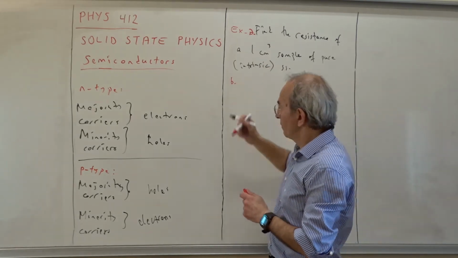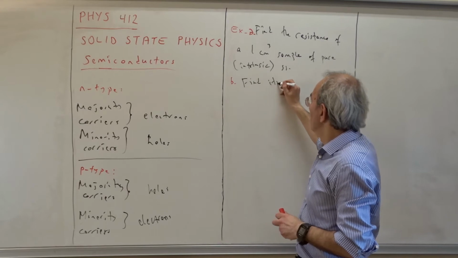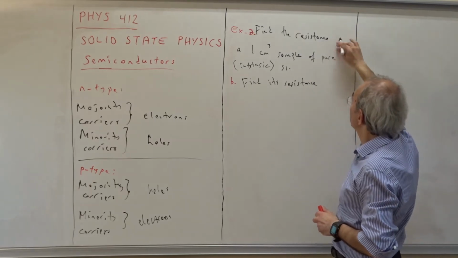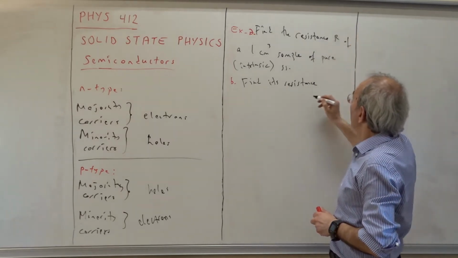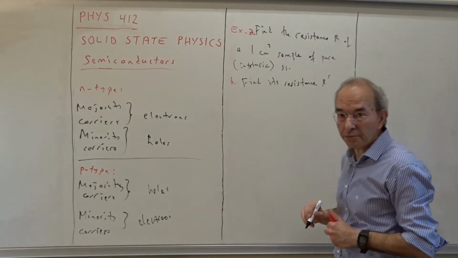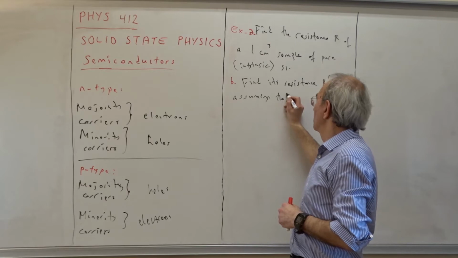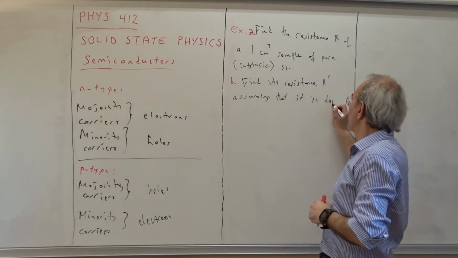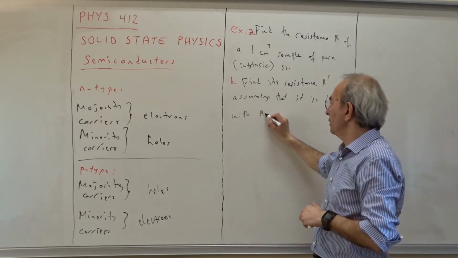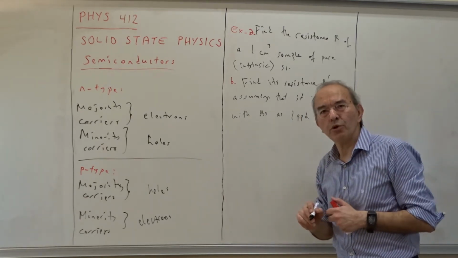Part B, find its resistance R prime, assuming that it is doped with arsenic at 1 ppb, part per billion.